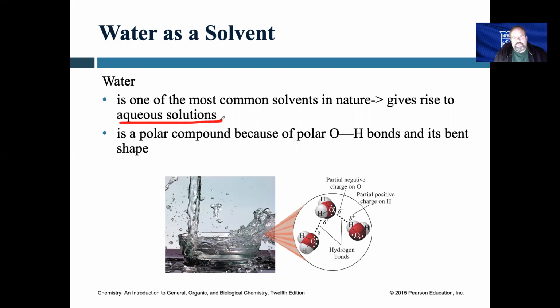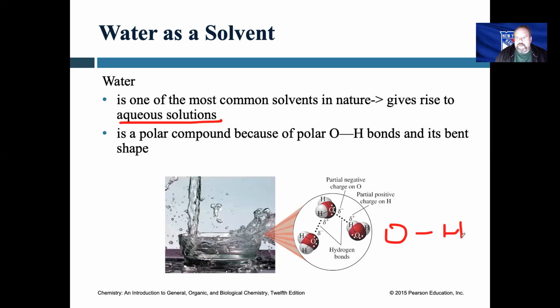Now, let's go over some of the important aspects of water that apply to not only aqueous solutions, but as we'll see, solutions in general. So when we had our discussion of polar covalent bonds, one of the bonds that we talked about specifically was the OH bond. And we know that for the OH bond, neither the hydrogen or the oxygen are neutral.